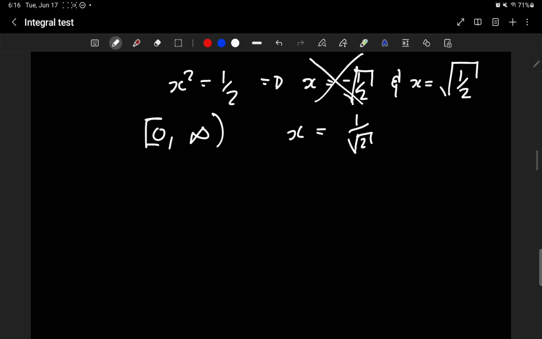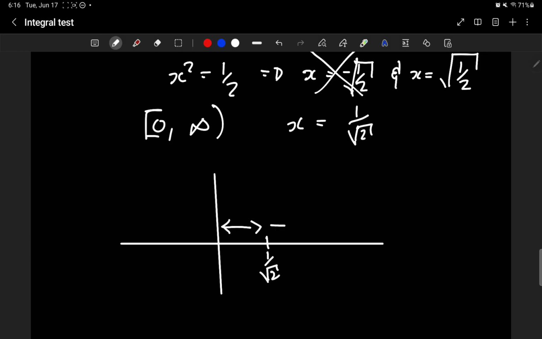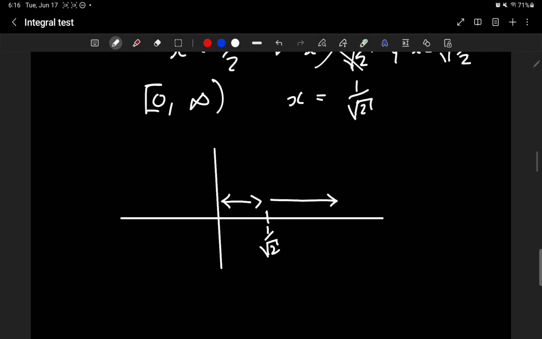So at that point, we want to know the behavior of the function. If this is the xy coordinate system, and this is at 1 over root 2, how is the behavior of the function from 0 to this point? And how is the behavior of the function from here going onwards? Is it increasing? Is it decreasing?